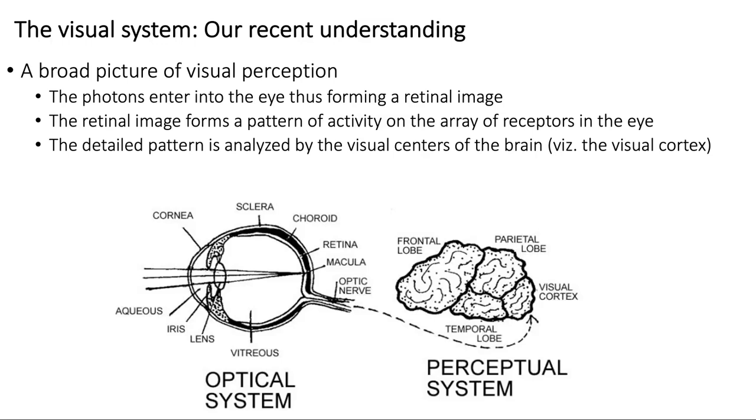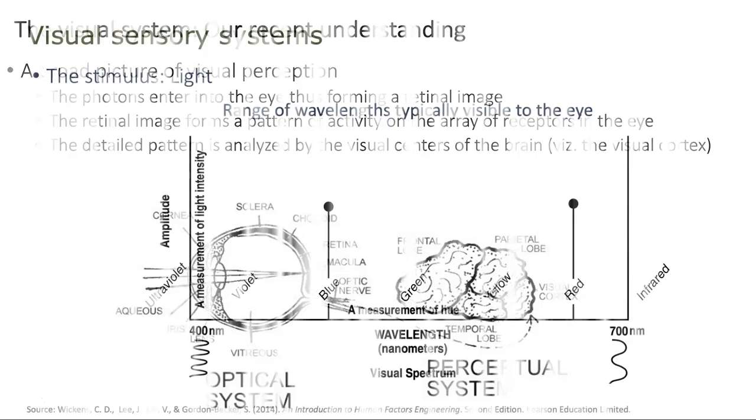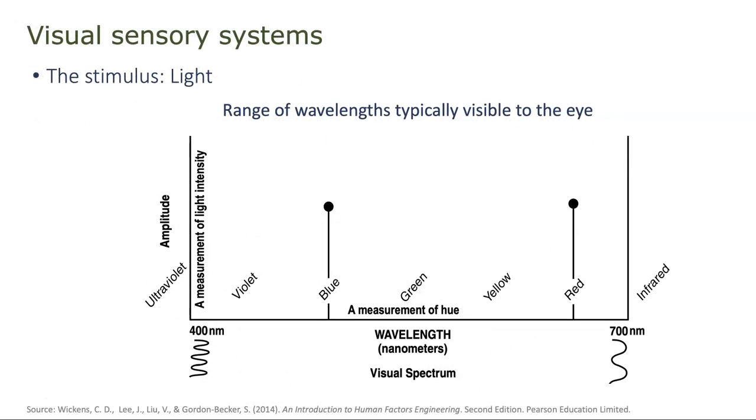And finally, it is of course the brain. All these signals are converted to electrochemical signals and sent to the brain, and the relevant visual regions of the brain process this information. So this is more or less the picture that we have more recently.